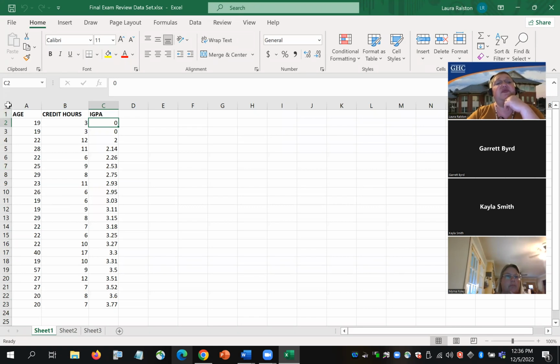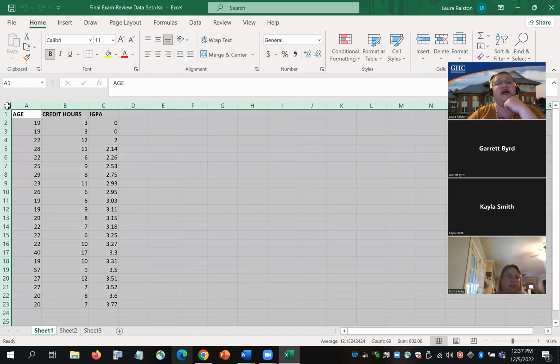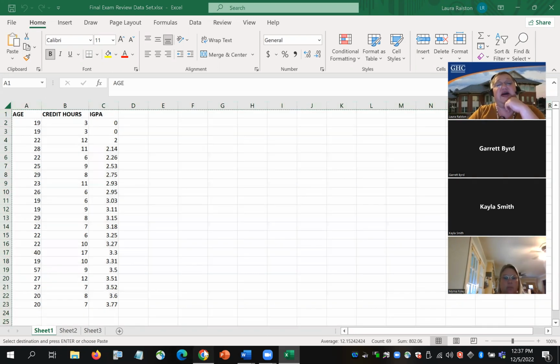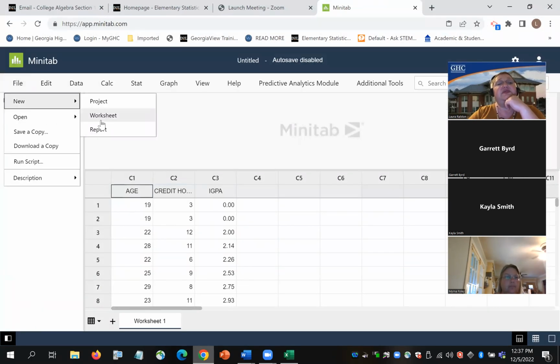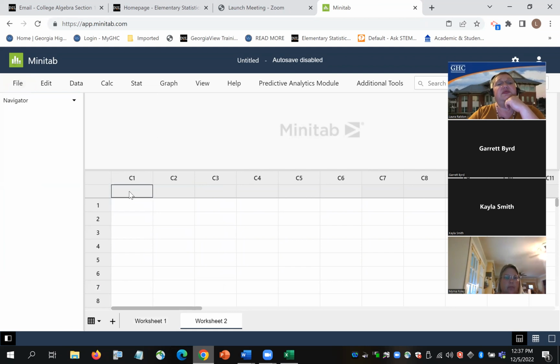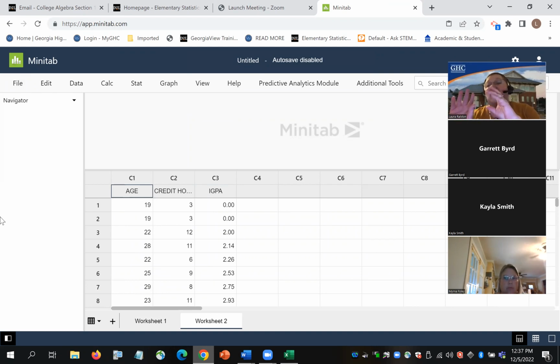If you put your mouse in the corner and click, it highlights the whole document. And I can copy, and then I can go into Minitab and paste. But now for the test itself, you have to type it in.